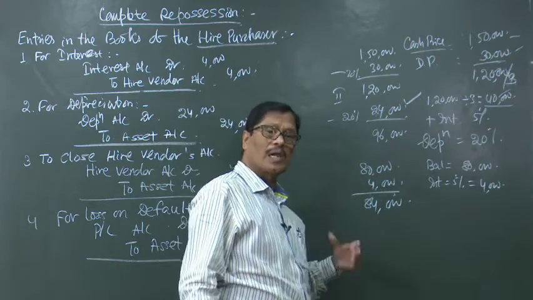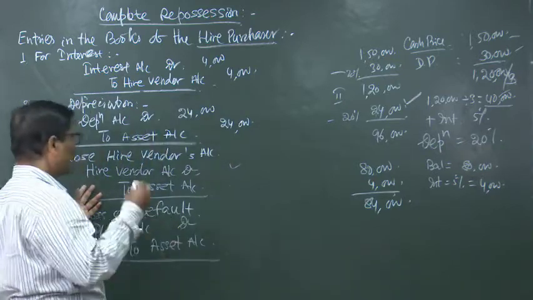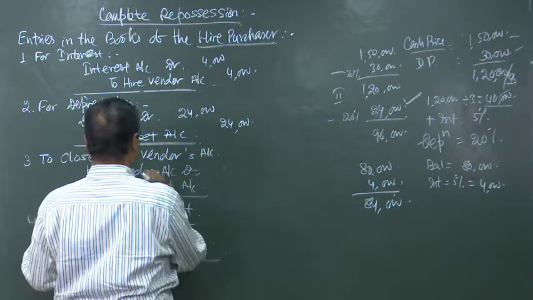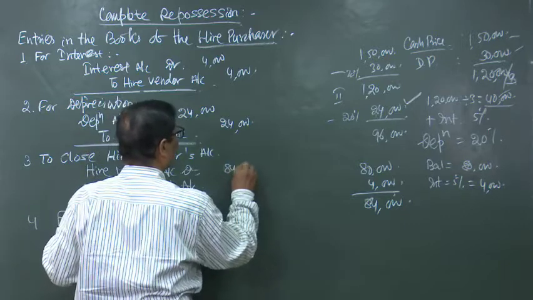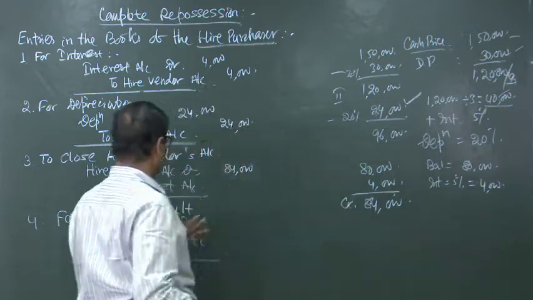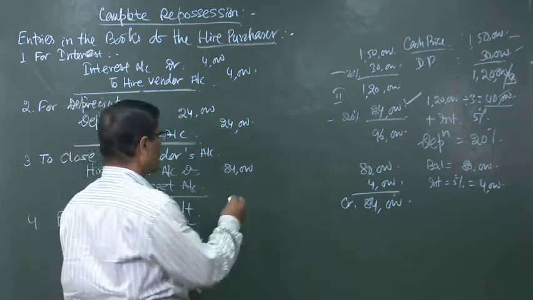So when he takes over the asset, to close his account, we write hire vendor account debited 84,000, so that his credit balance of 84,000 becomes zero, to asset account 84,000.